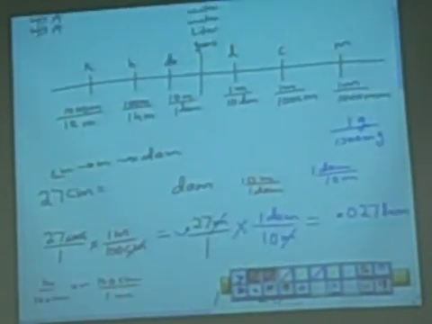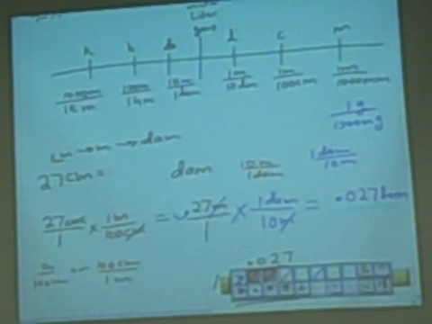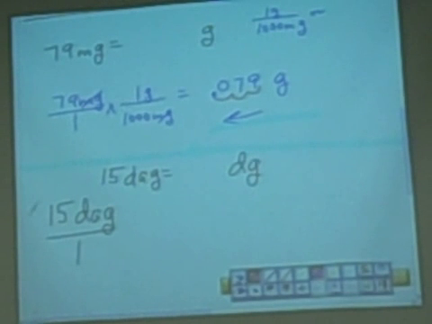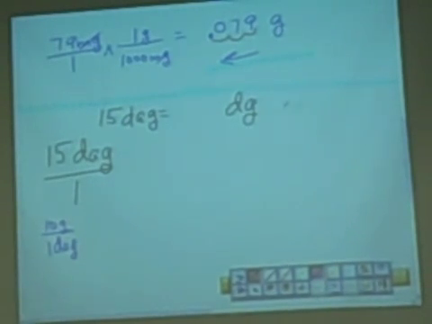Okay, so here's our conversion table, right? Here's decagram, but instead of 10 meters over 1 decameter, we're working with 10 grams over 1 decagram. And we also need a conversion for decigrams, right?